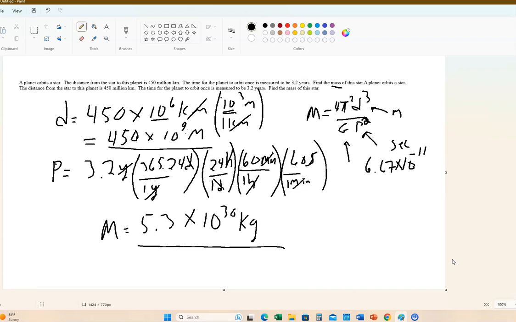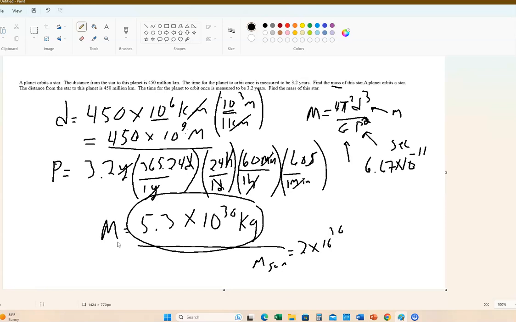Just for a comparison, this is going to be more massive than our sun. Let me write this down. This is just an aside. We've solved the problem; this is the answer. But if we were to compare it to the sun, the mass of our sun is 2 times 10 to the 30th.